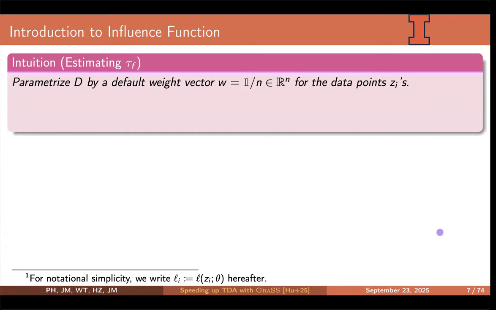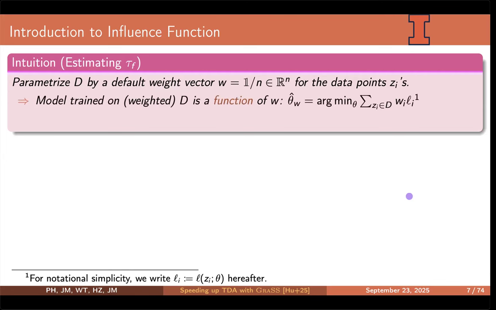So in total, they sum up to 1. If we parameterize the data set in this way, then we can view the model trained on the weighted data set to be a function of this weight. So if we write out the empirical risk minimization, then theta of w will be the argmin of the weighted per sample loss, right?